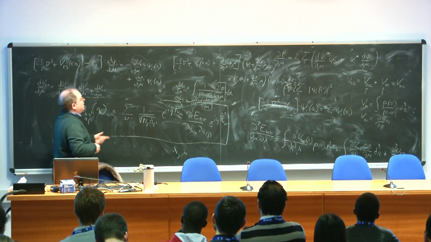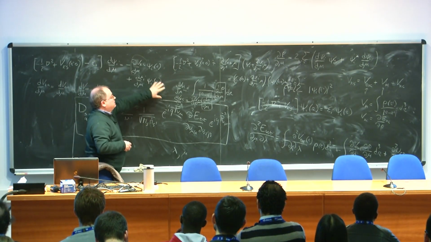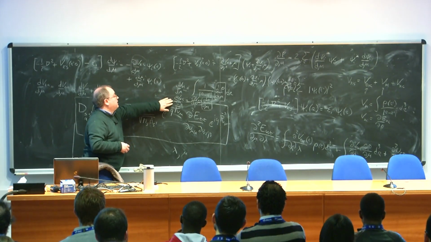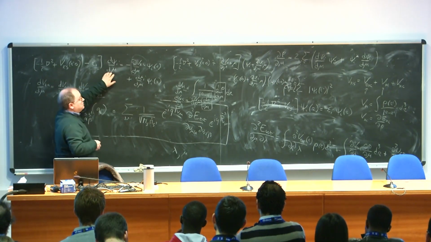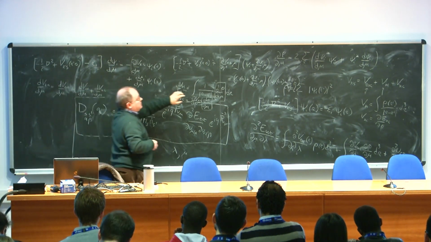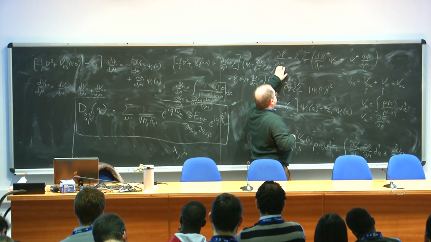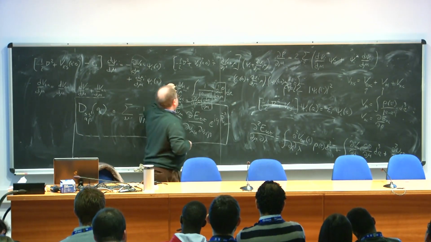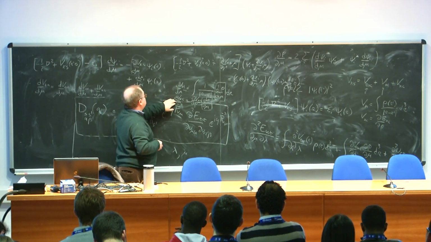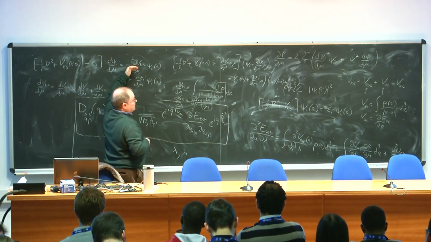You start with some guess of the change of Hartree and exchange and correlation potential, and obtain the change of the wave function. From the change of the wave function, you find the change of the density. From the change of density, the change of Hartree and exchange and correlation, and then you can restart the iteration.